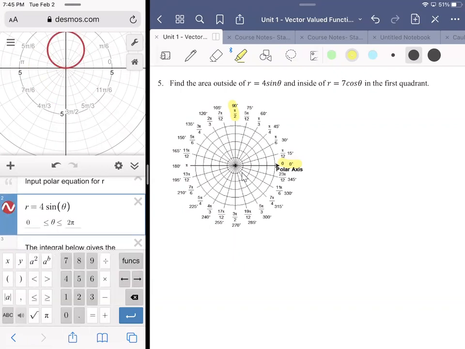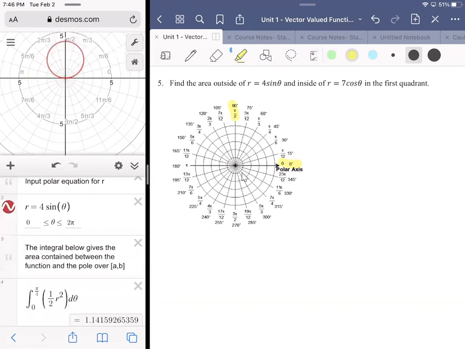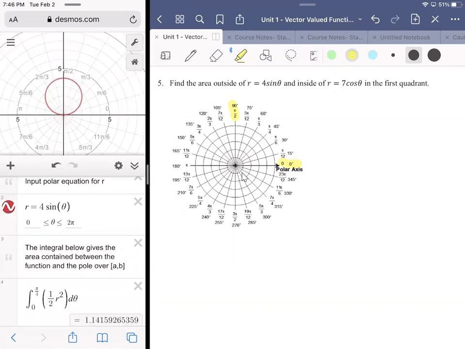All right, so this is what 4 sine theta looks like. If you remember from the unit videos, coefficient sine and coefficient cosine are going to give you two circular equations. One is going to be symmetric about the y-axis, the sine function. The other is going to be symmetric about the x-axis, that's the cosine function.